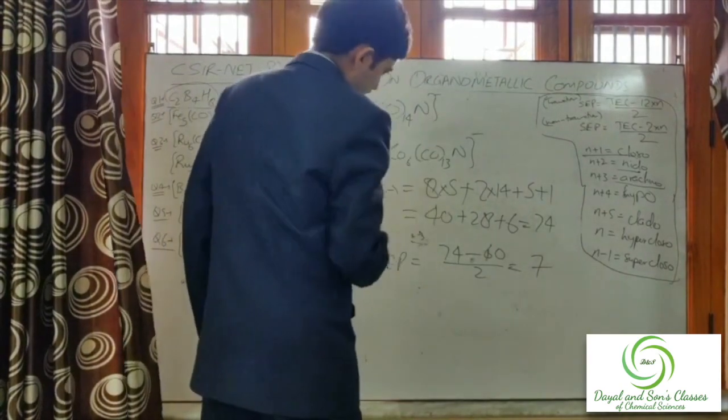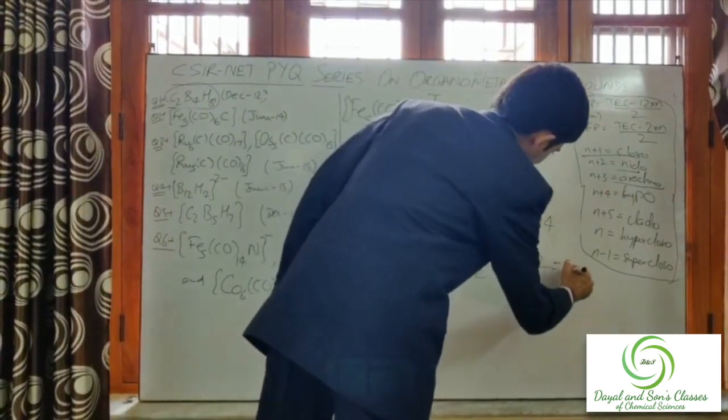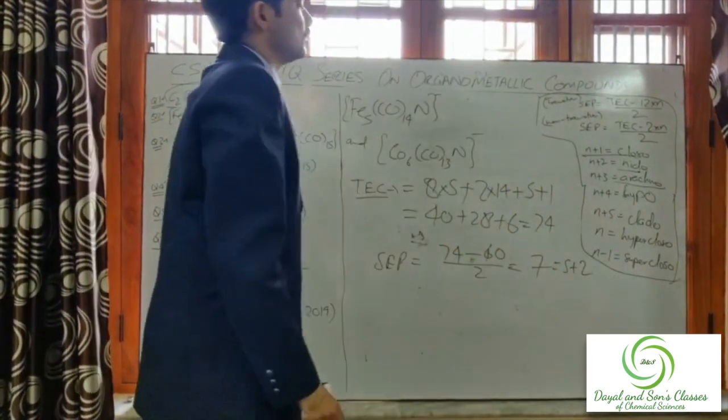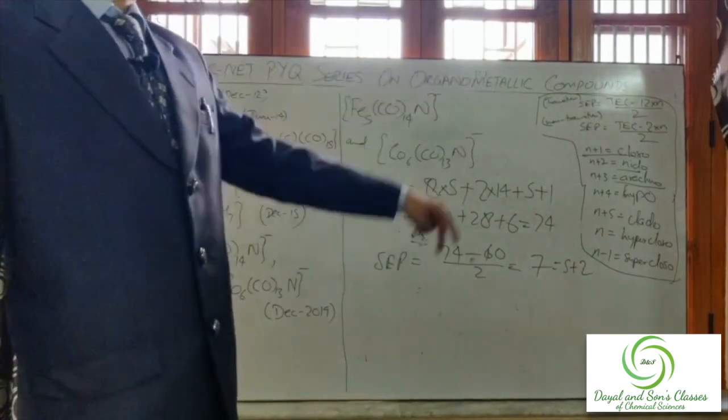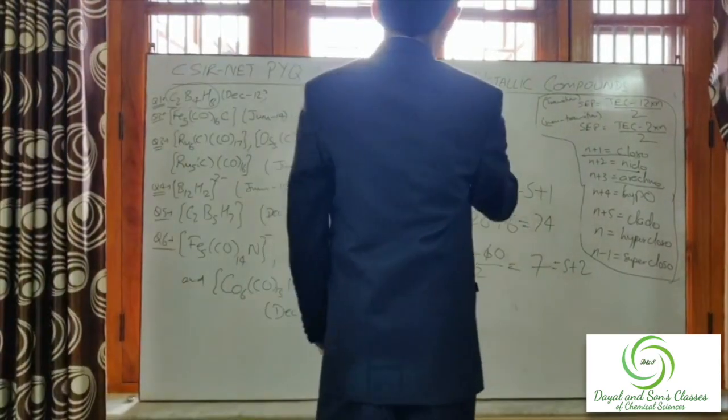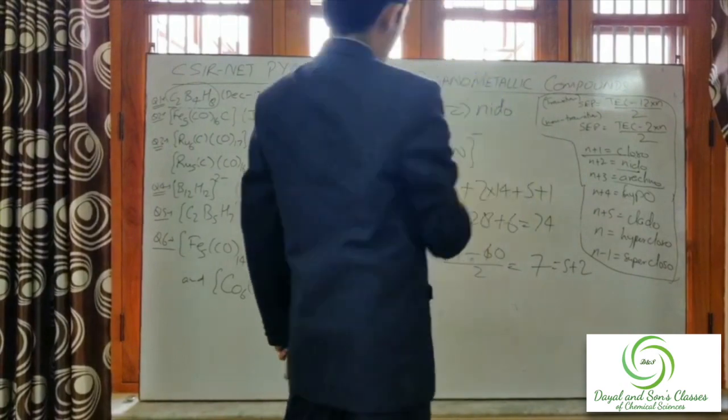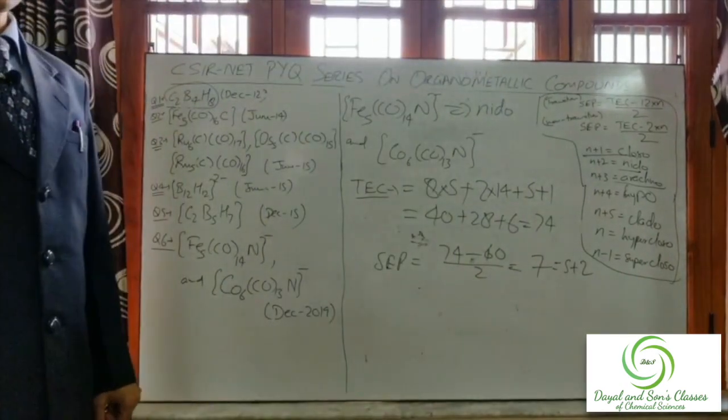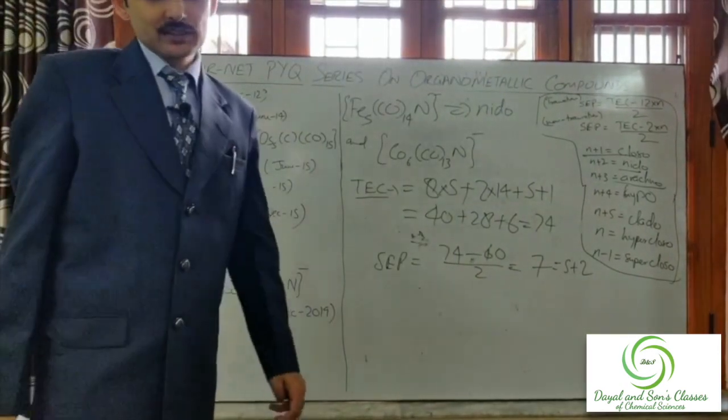This implies we can write it as 5 plus 2, and n plus 2 is Nido. So this particular cluster has a Nido structure.